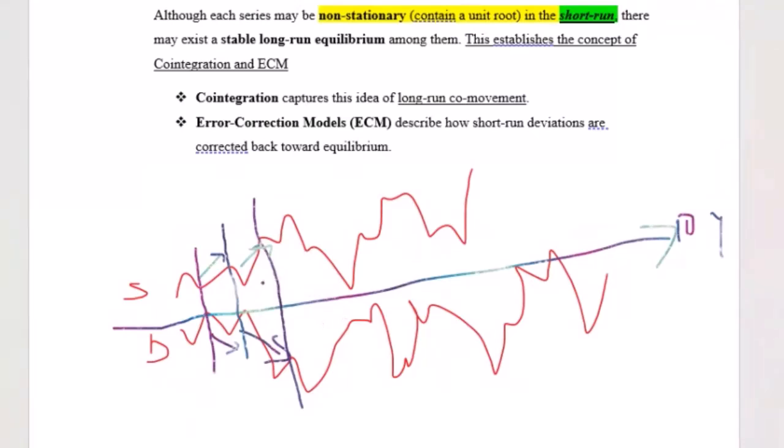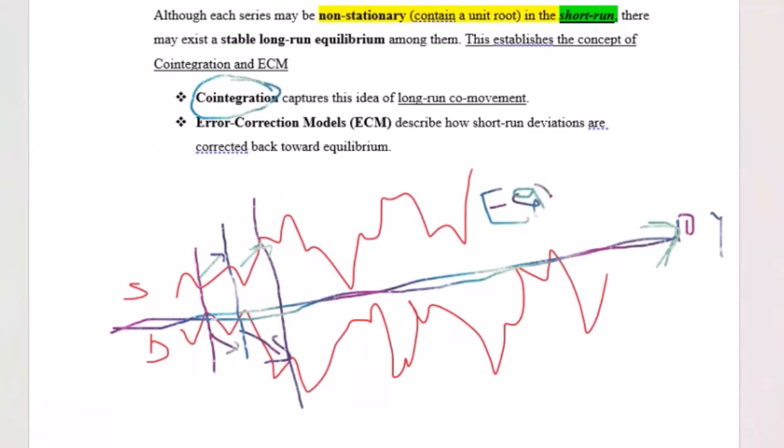They are not moving together. But in the long run, the behavior is the same. In the long run, they are moving upwards. So this behavior of moving upward in the long run is what we are calling cointegration. We are calling it the long run equilibrium.